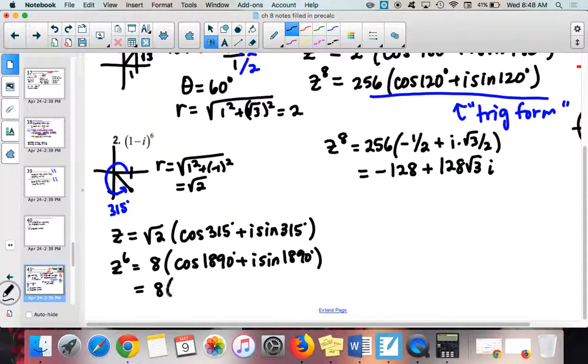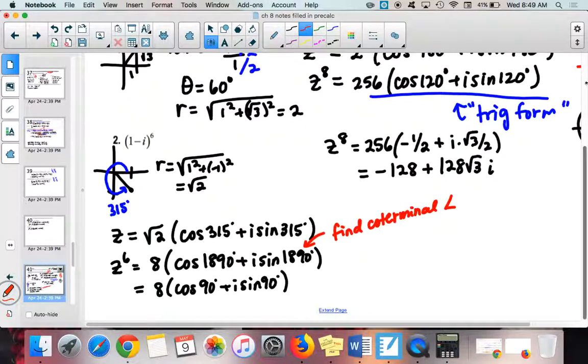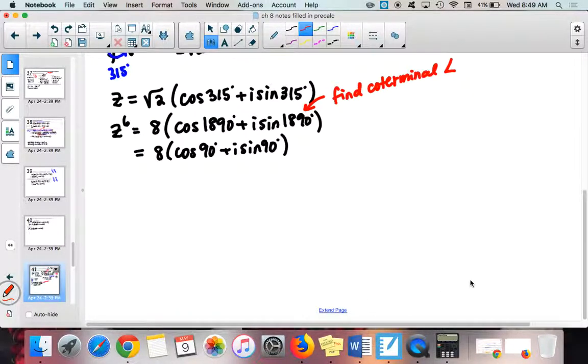So I have 8 times cosine of 90 plus i sine of 90. So I'm going to write us a note here. Find coterminal angle. Do you guys remember that term? It means find an angle that ends in the same spot. All right, and then cosine of 90, i sine of 90.